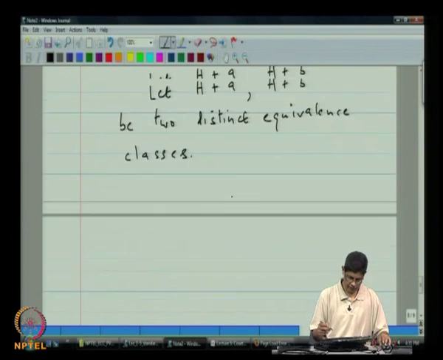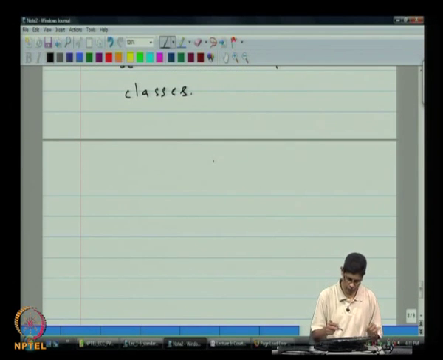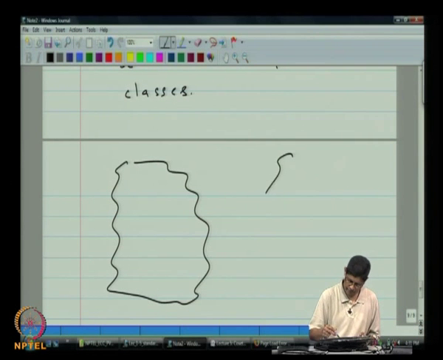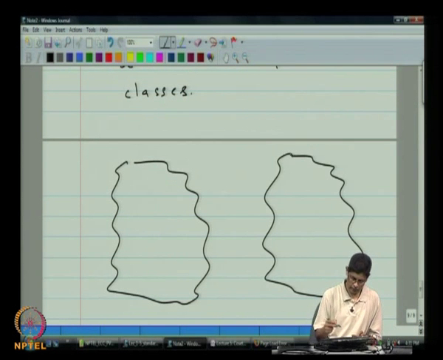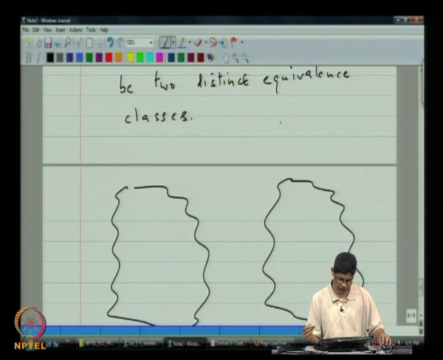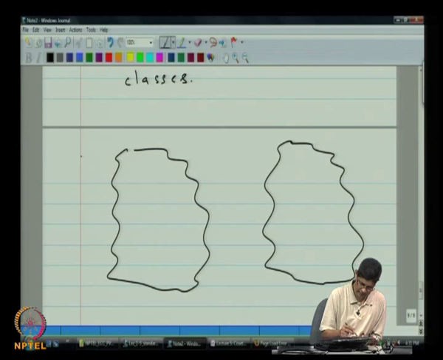Okay, so what we want to show is that there is a one-to-one correspondence between the elements of these two equivalence classes.